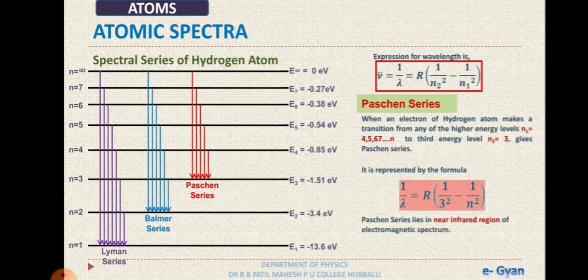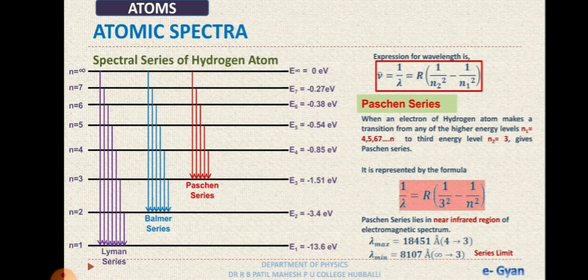The Paschen series lies in near infrared region of electromagnetic spectrum. The maximum wavelength emitted is 18,451 angstrom due to the transition of an electron from fourth energy level to third energy level. And the minimum wavelength emitted is 8107 angstrom due to the transition of an electron from infinity to 3. So the series limit is 8107 angstrom.